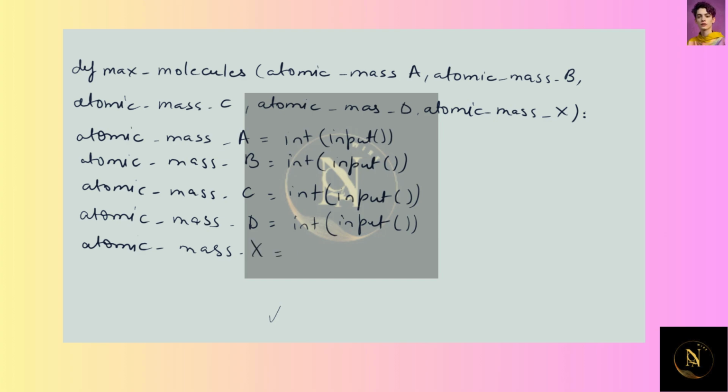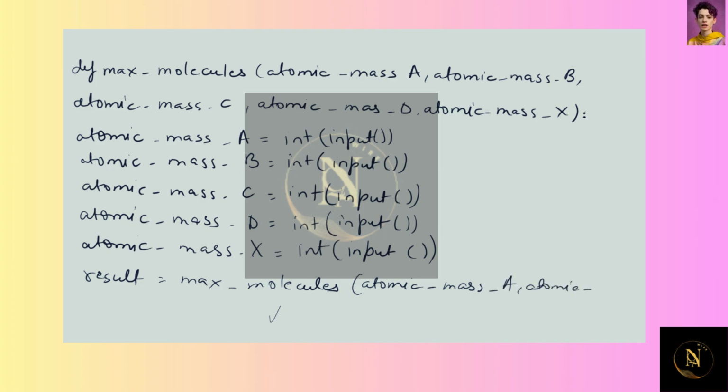So for printing the maximum number of molecules, the code will be written like: result is equal to max_molecules(atomic_mass_A, atomic_mass_B, atomic_mass_C, atomic_mass_D, atomic_mass_X). Then print(result).